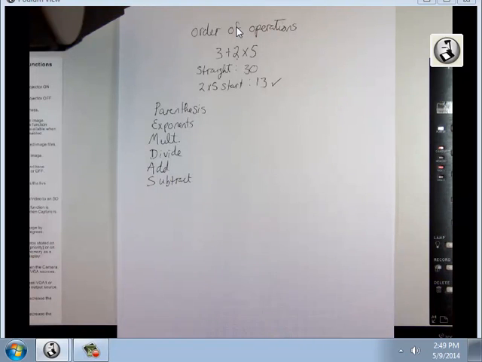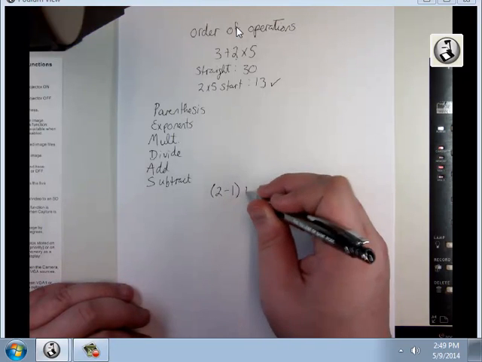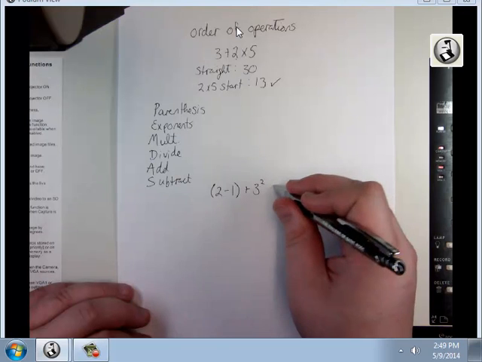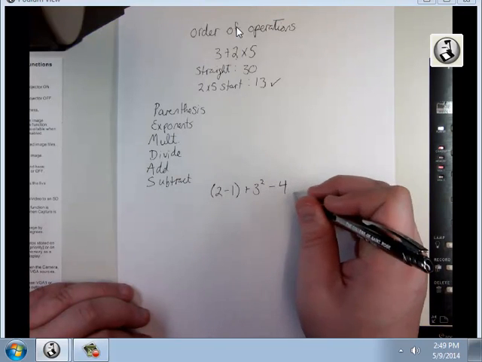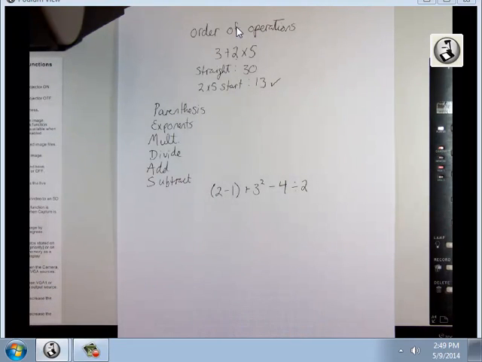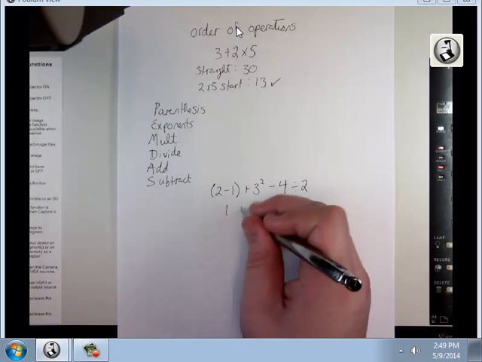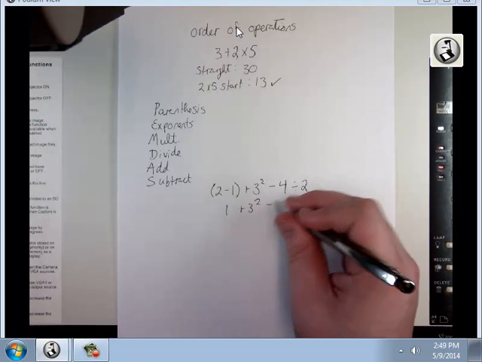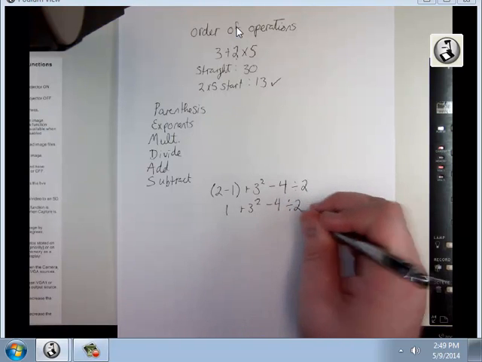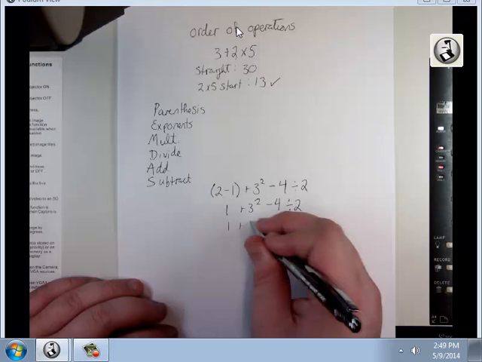So if you were given this, what order would you start with? Well, always start with parentheses. So 2 minus 1 is 1. Notice how I'm going to just rewrite everything else. Parentheses, done. Next step is exponents. Well, 3 squared is 9, so 1 plus 9 minus 4 divided by 2.